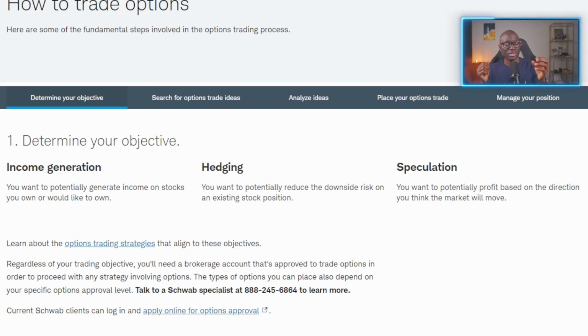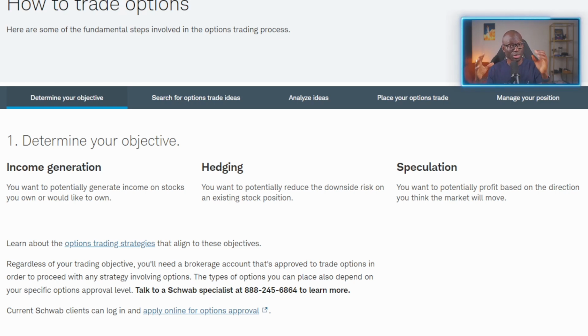Now, if your goal is to generate income, you can choose to sell a contract. In this case, you write a contract to sell a certain amount of shares, in this case 100 shares of, say, Apple, at a certain price by a certain deadline. By the way, anybody that buys that contract from you pays you some money, so you make some money in that process.